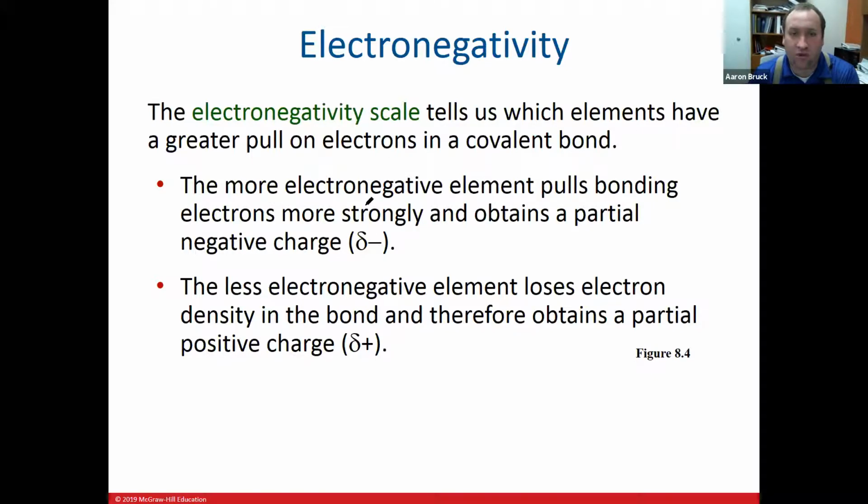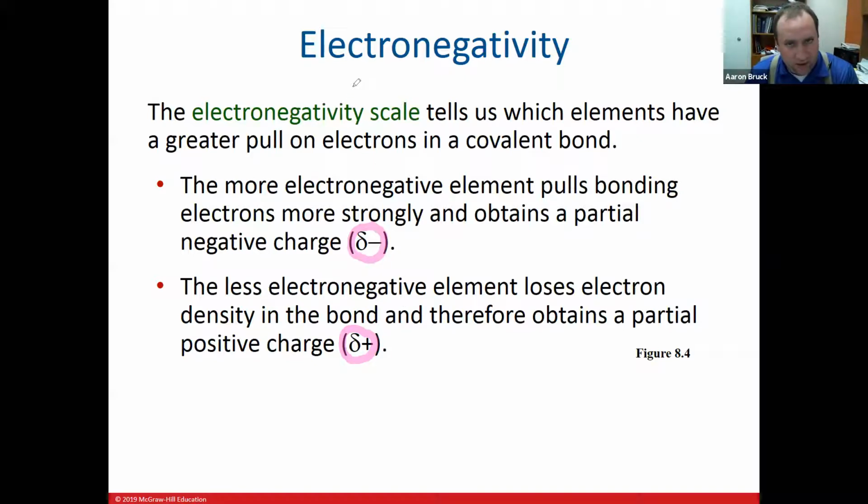And we give that partial negativity a sign, and it's this goofy looking D. This is actually the lowercase Greek letter delta with a negative charge on it. The side that has the lower electronegativity, that is less interested in the electrons in that bond, gets a delta positive, a partial positive sign.